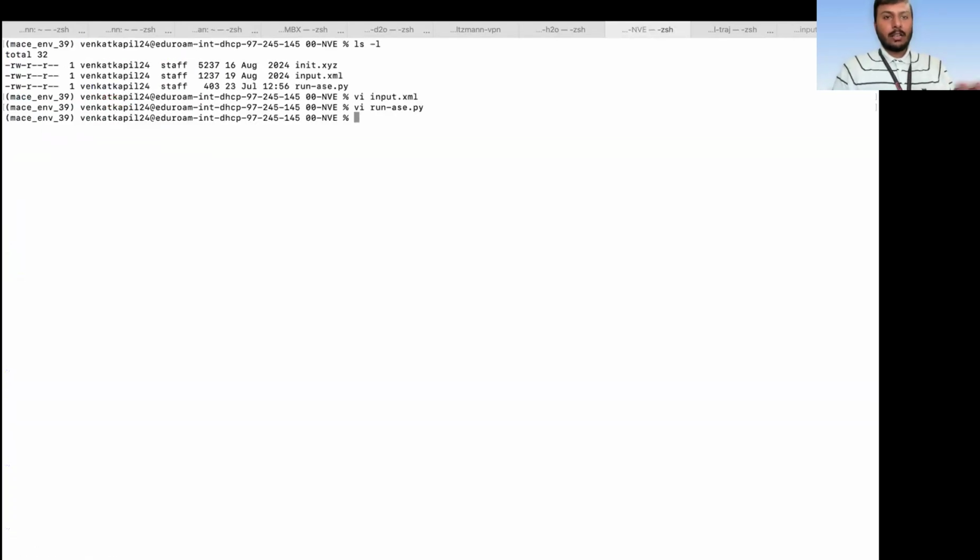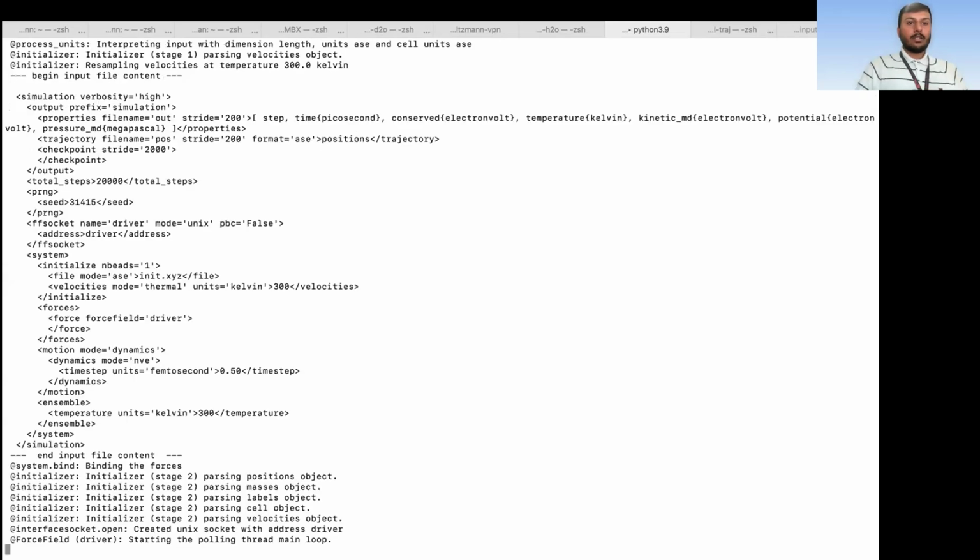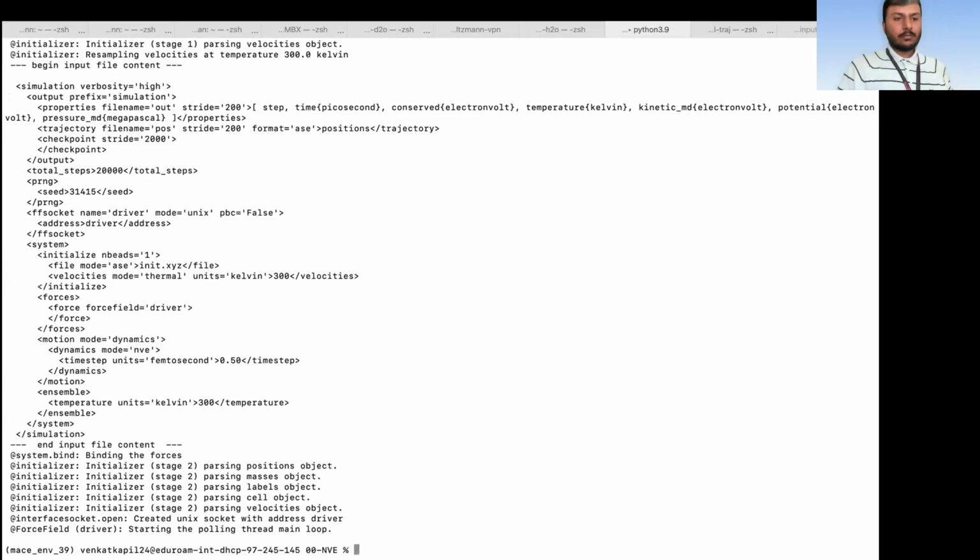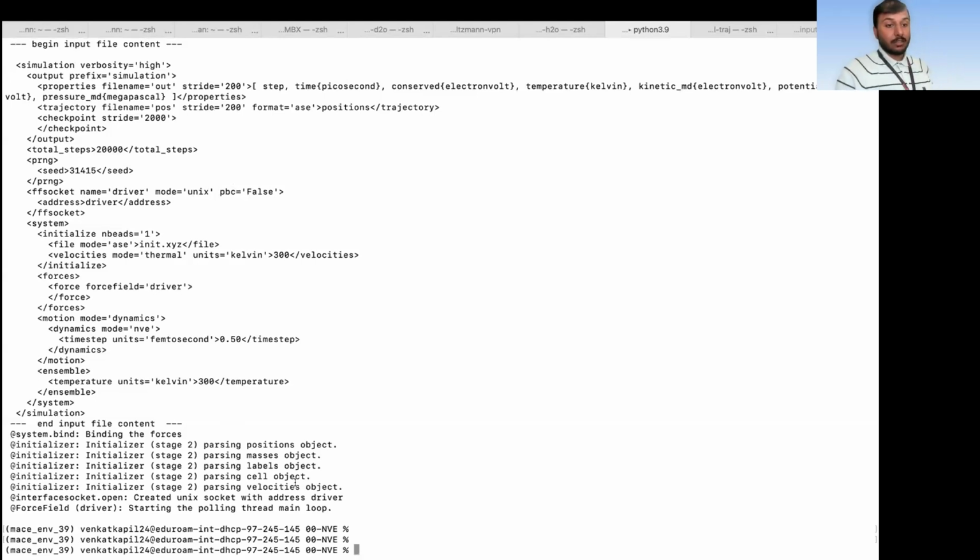Right. So again, I mentioned that i-PI basically decouples the two things. The way you actually run a simulation with i-PI is that you have to run both i-PI and the force provider separately. So here is i-PI. This is how you execute the i-PI code, and it reads the input file. It says the initialization is ready, and it also says that it created a Unix socket with address driver, started the polling thread with main loop.